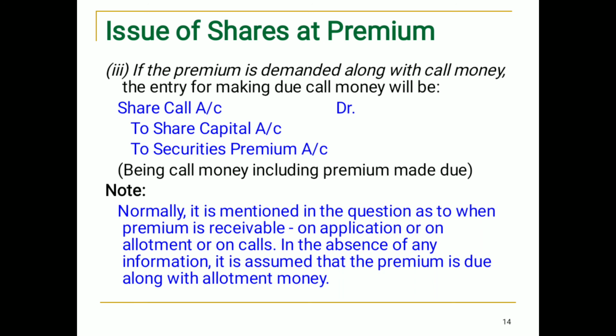And the note here says that in the given question it will be mentioned when premium is receivable, whether with application, with allotment or calls. In case it is not mentioned, then you have to consider that premium is due along with allotment money. So these are the journal entries that you have to memorize for solving the practical sums.